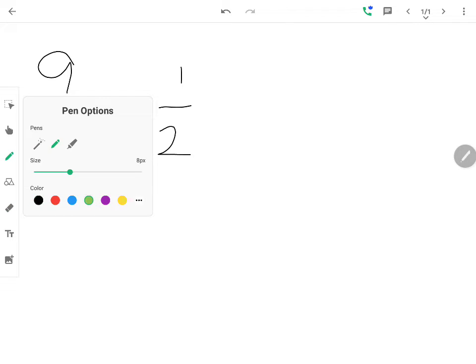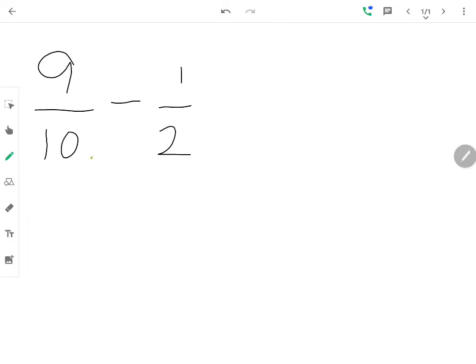Okay, so I have a subtraction question. Good. So the same thing. The denominators have to be the same. So I multiply them. 10 times 2 is 20.